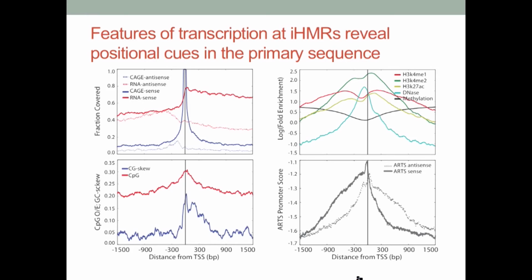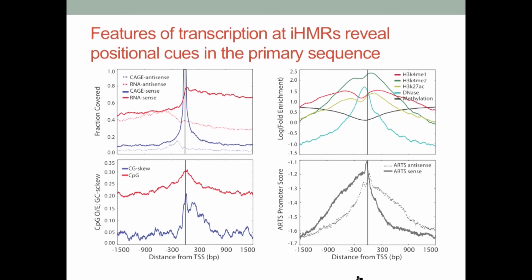We looked at CAGE data, which gives you a defined 5' end for these eRNAs, and we lined everything up on the TSS as defined by CAGE. Then we looked at different sequence features. You can see the CAGE peaks here. This is looking at histone enrichment aligned to the TSS.